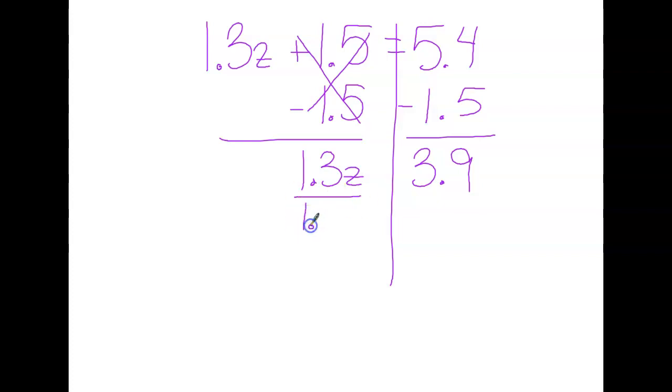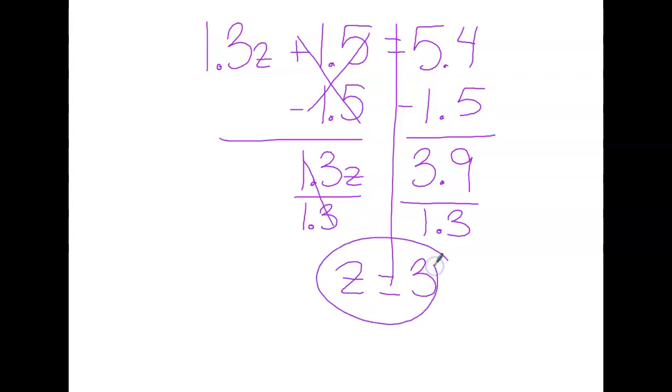So I divide by 1 3/10, divide by 1 3/10. Z equals, use my calculator, 3 9/10 divided by 1 3/10. I get an answer of 3. And that is my final answer.